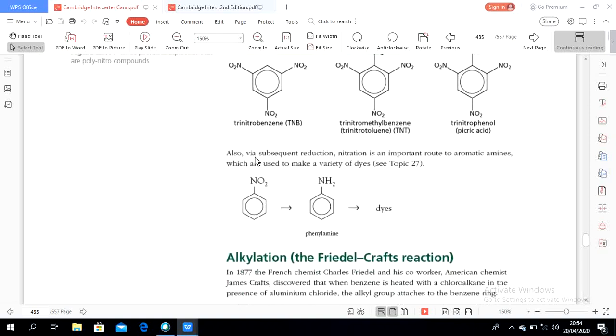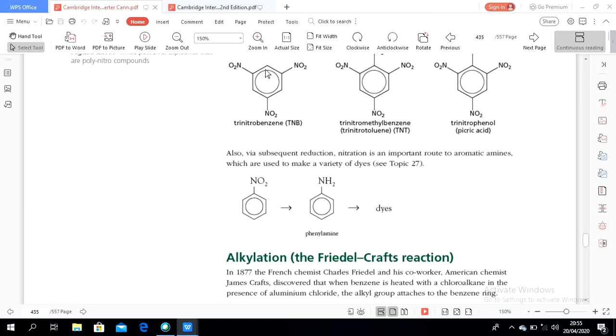And also via subsequent reduction, nitration is an important route to aromatic amines, which are used to make a variety of dyes. In topic 27, we are going to study this in a few more weeks. Okay, so in this one, only 1 nitro is added or substituted in the benzene, not 3 in the positions 1, 3, 5.